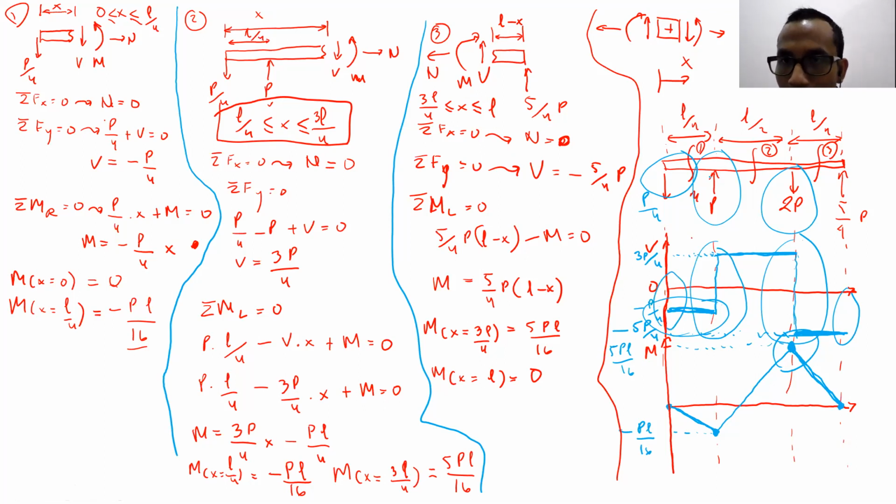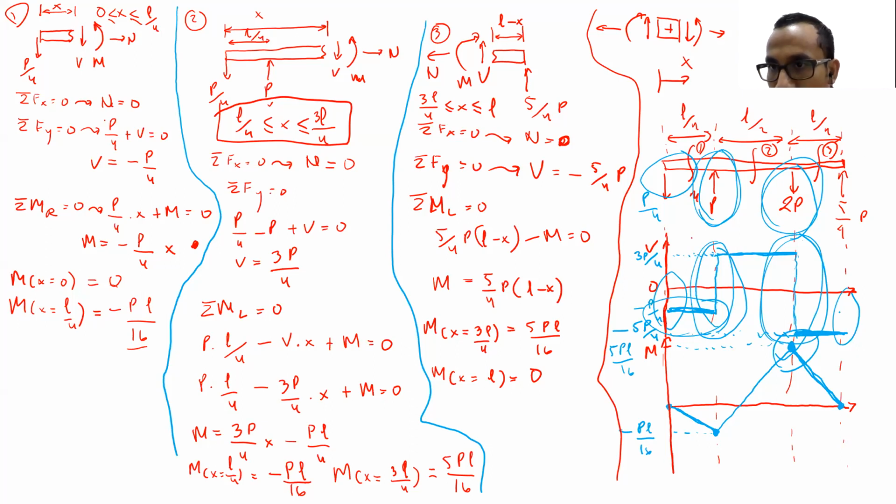Then due to this particular P, the total jump is P, because it's jumping from minus P over 4 to 3P over 4. Then due to the load 2P there will be a jump of 2P, because it's jumping from 3P over 4 to minus 5P over 4.